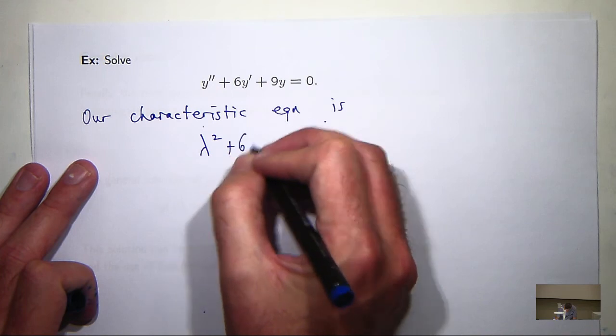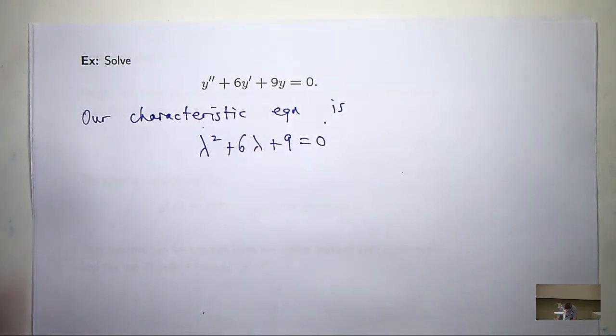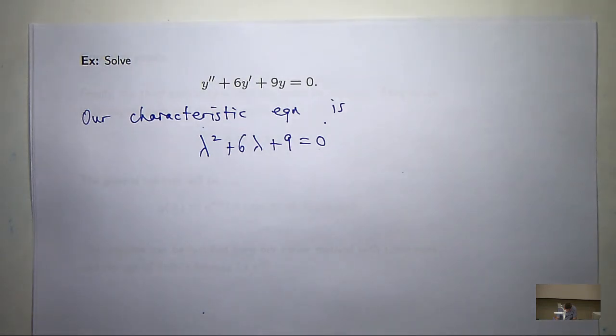So the analysis has changed now. We're not interested in the differential equation anymore. We're just interested in the quadratic, the characteristic equation. So you can solve this a number of ways. You can just factorise it in this case.